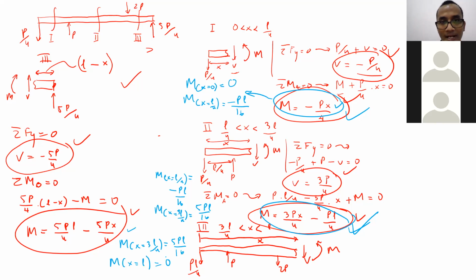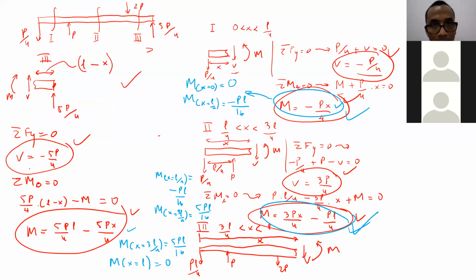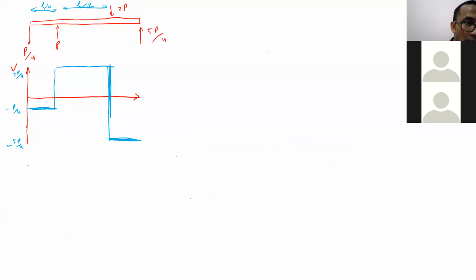Okay. When x equal to 0, the value, okay, wait a minute. So it's going positive 5PL over 4 and going 0. Okay. So now it becomes like this. This one is our M. Yep, like that.